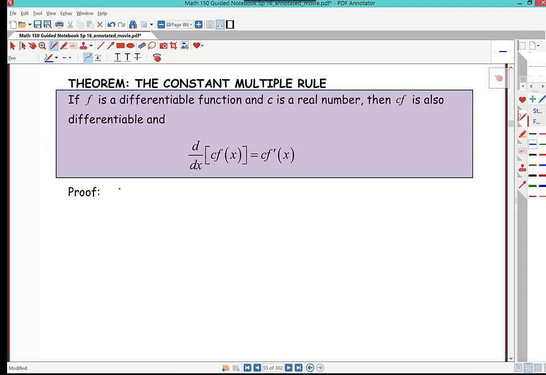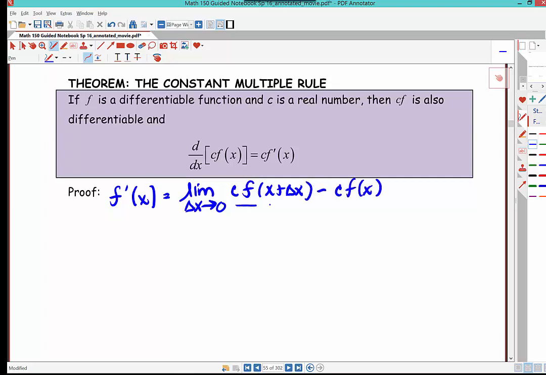So what we'll have is f prime of x equals the limit as delta x approaches 0 of our constant times f of x plus delta x minus our constant times f of x, all over delta x. Good so far?